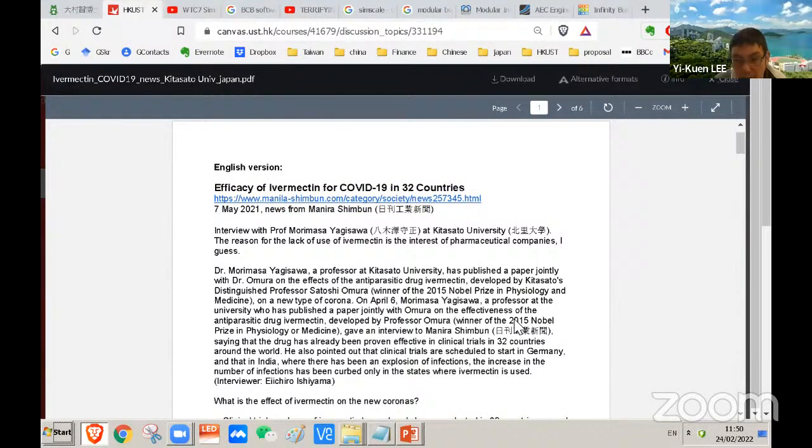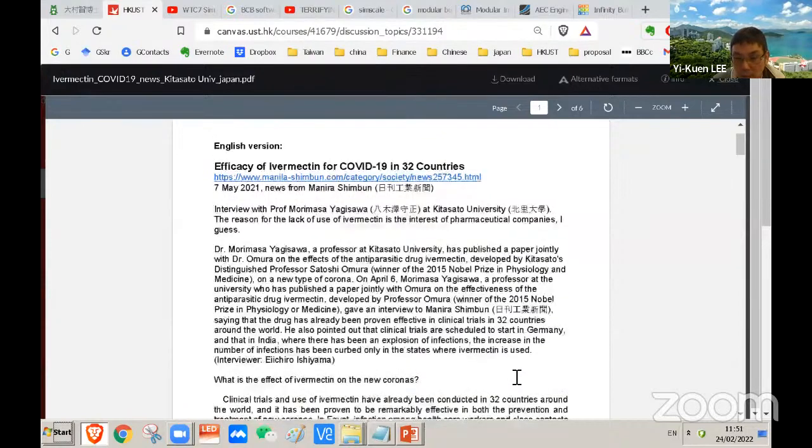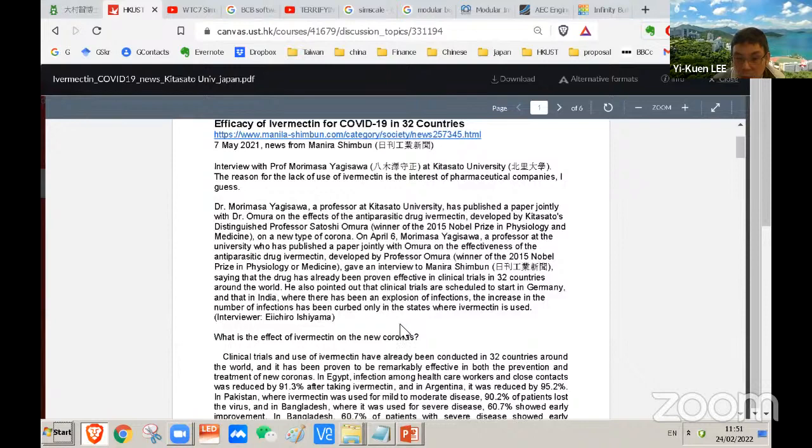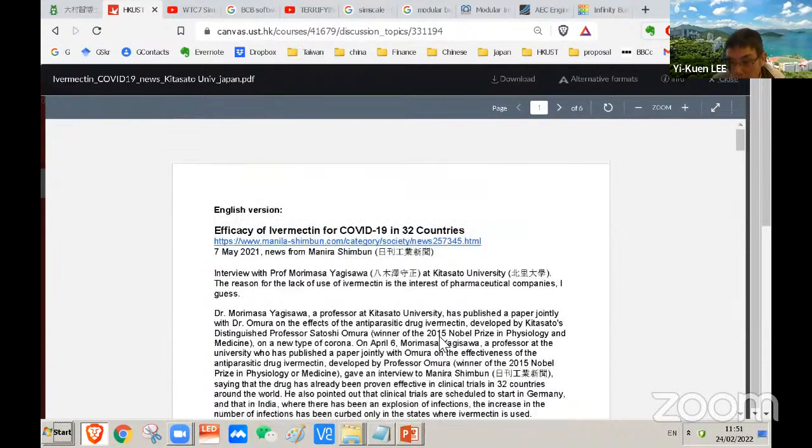Again, the key message to you is this low cost drug now for COVID-19 patients. Ivermectin was invented by Nobel Prize winner in 2015, Professor Omura. His invention really treated a lot of patients for parasites, and he also did clinical study about ivermectin for COVID-19.